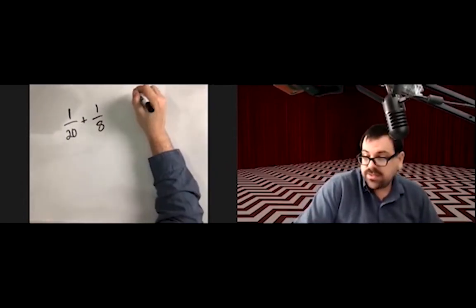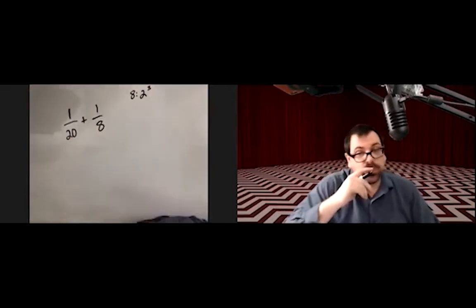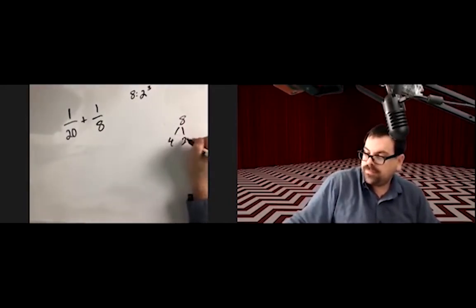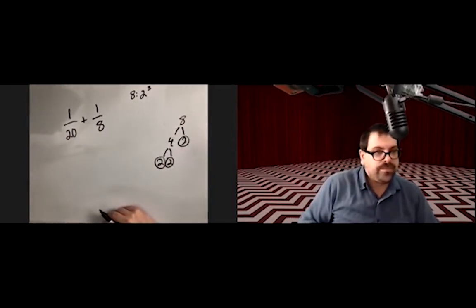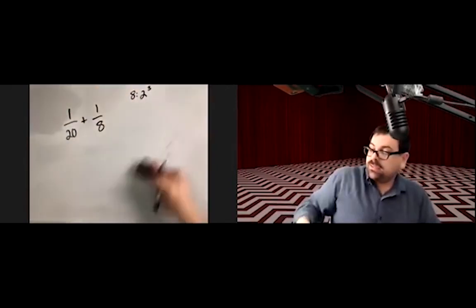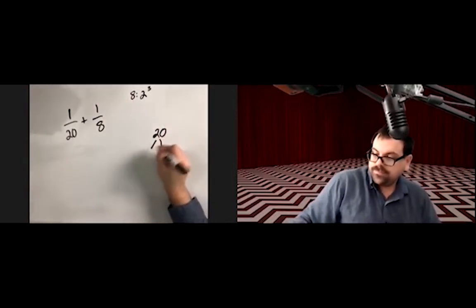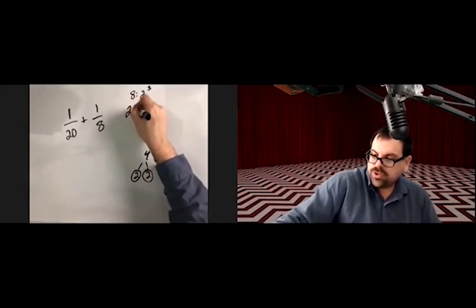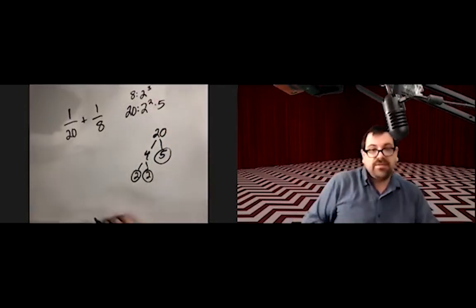If we do factor trees, we end up finding that 8 is 2 times 2 times 2, or 2 to the third. 20 is 4 times 5, 5's prime. 4 is 2 times 2, those are prime. So 20 is 2 times 2 times 5, or 2 squared times 5.